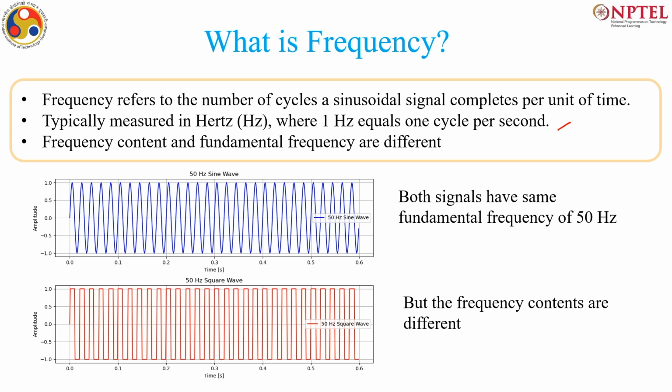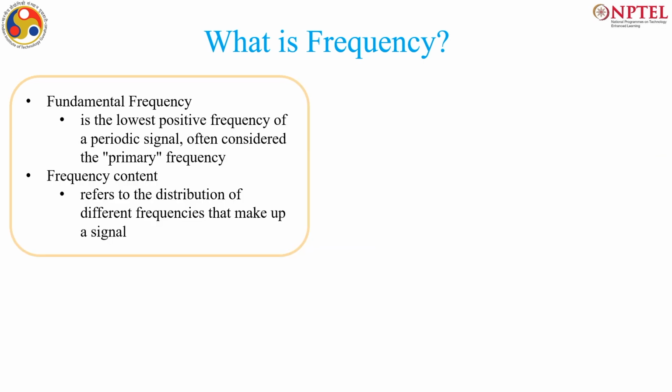What does it mean? Fundamental frequency is the lowest positive frequency of the periodic signal, and frequency content refers to the distribution of frequencies that make up the signal. For example, how many sinusoids of different frequencies are present in the signal is referred to as the frequency content of the signal.